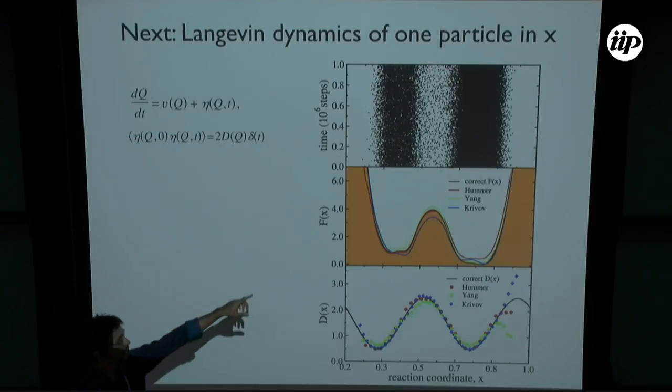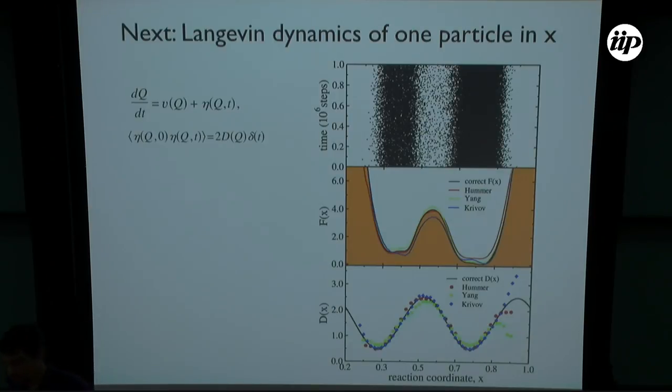I'm calling Hummer the Bayesian analysis, Sichun Yang the stochastic dynamics, and Krivov the invariant free energy method. I'm not discussing the details of the methods, because what is important here is that we can make them talk to each other. We can extract the parameters and the boundaries for these methods to work or not. For this simple example, it was really hard to make those four D(Q)s fit in the same equation.